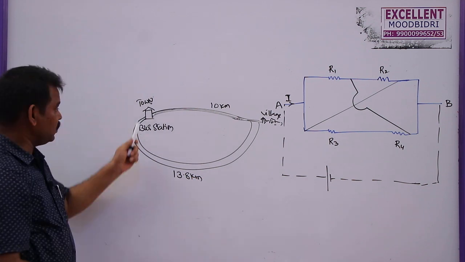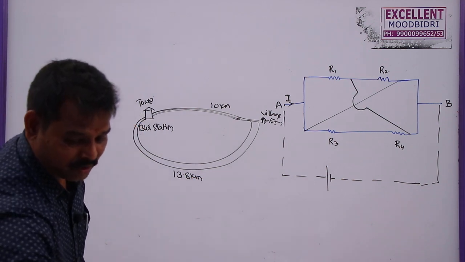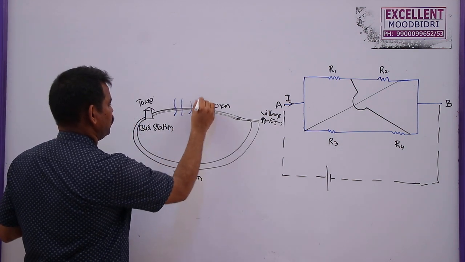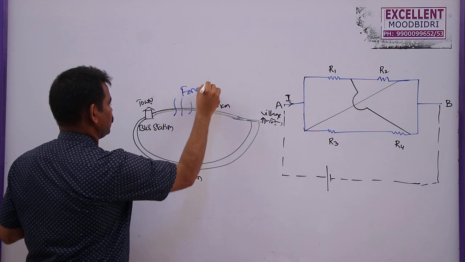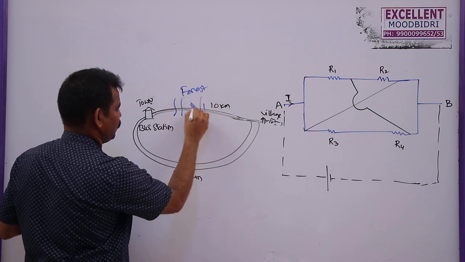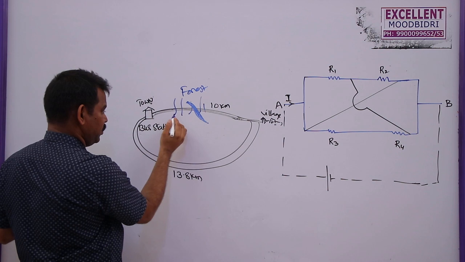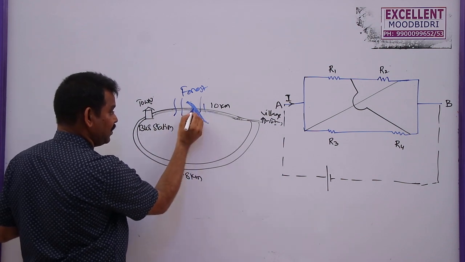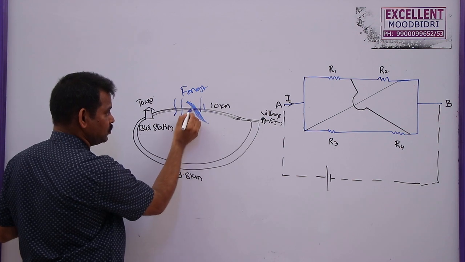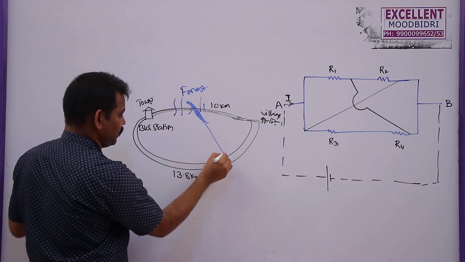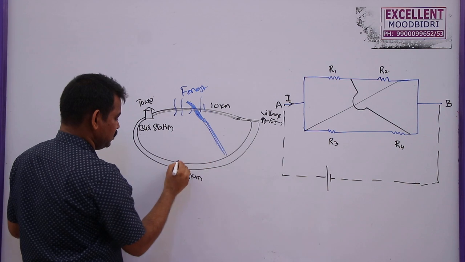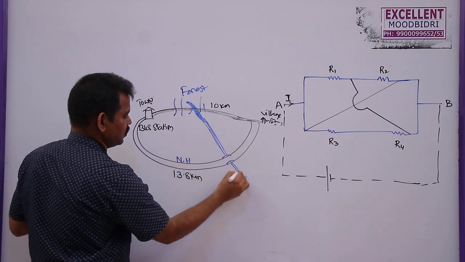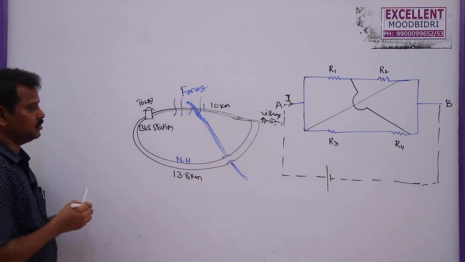Now if you reach this town around midnight to 1:30 or 2 o'clock, and in between we have a forest here, and in between we have a river also, and we need to go along this path by swimming only, because there is no bridge. But the same river is coming here, but this is a national highway and there is a bridge over this river. Bridge is also provided.